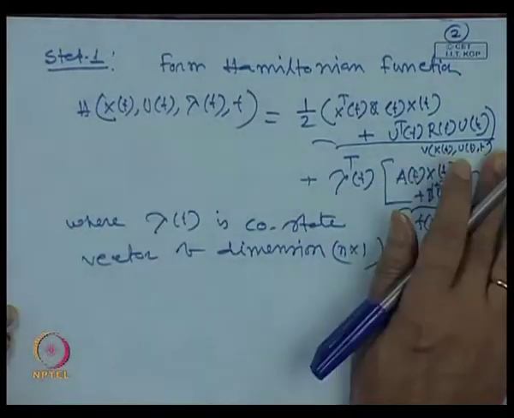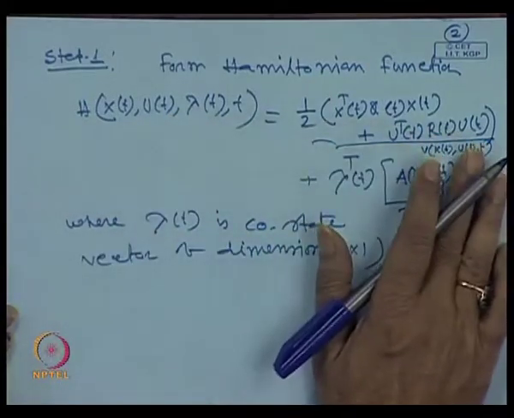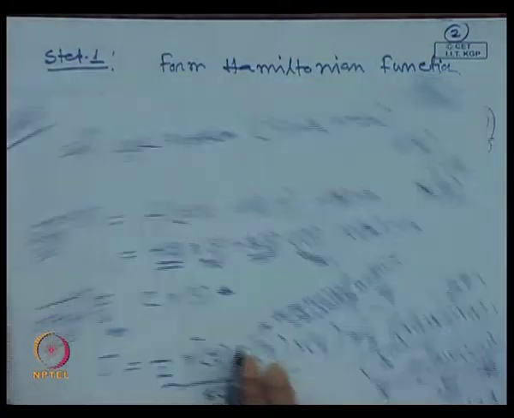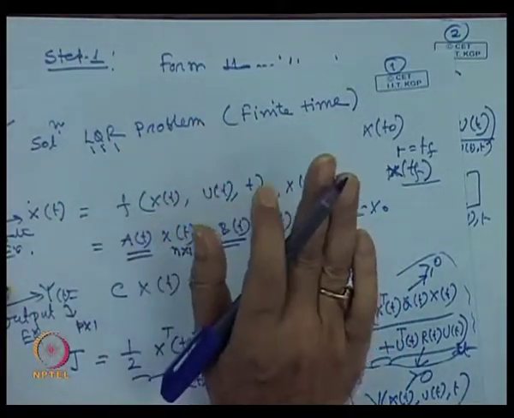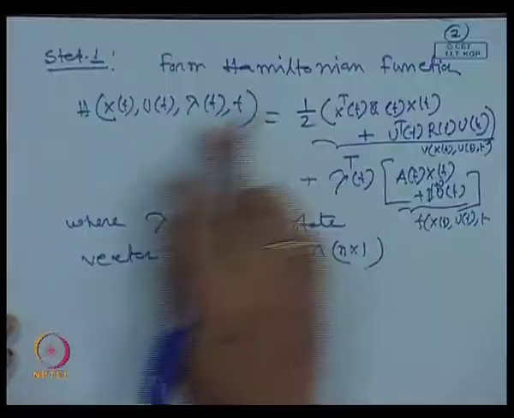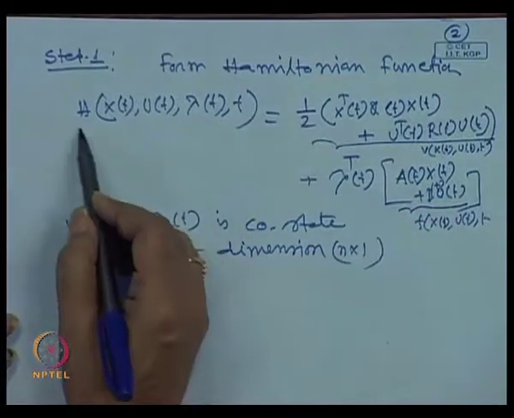So, this is the first step: you form that linear quadratic regulator problem, meaning the system description, the dynamic system description, is given in state space form, and the corresponding performance index is given, that is the terminal cost plus the integral of the quadratic form in the state and input vector. So, from this information I can find out the Hamiltonian matrix.